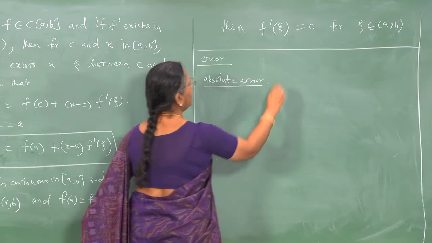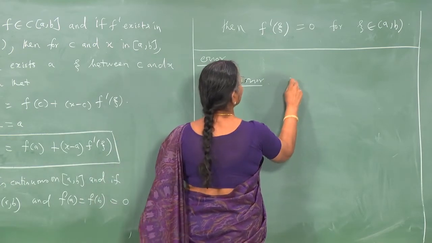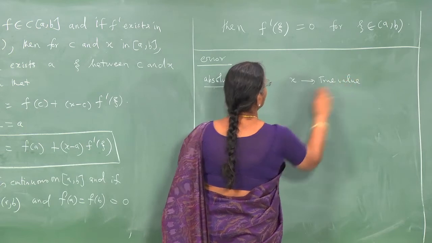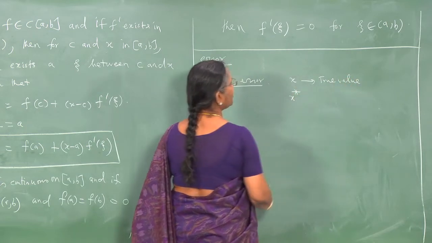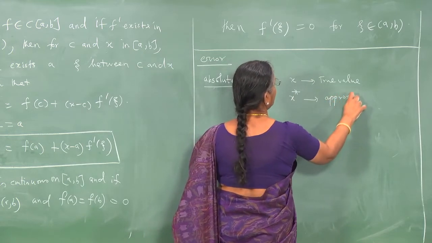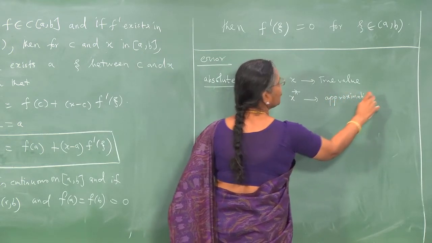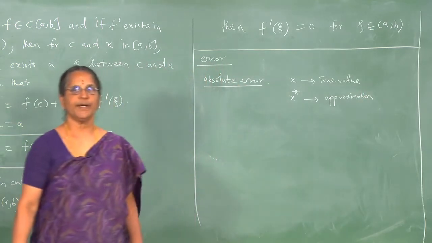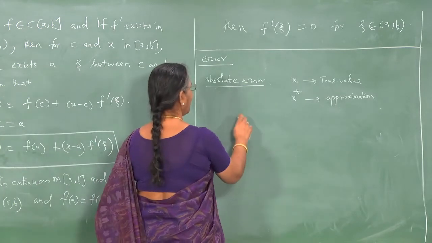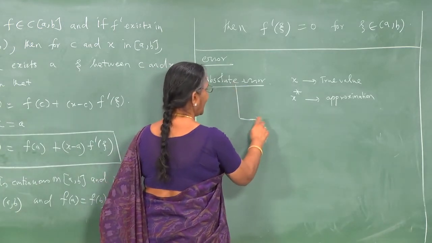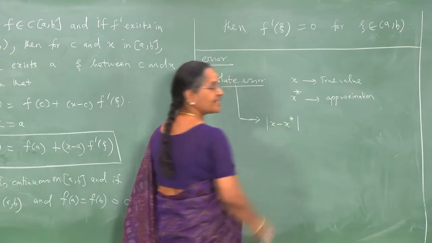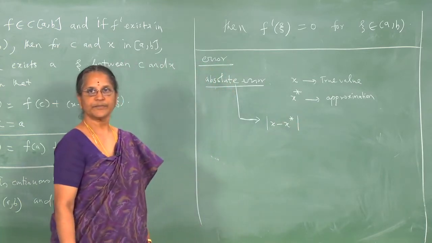Namely, if x is the true value and we approximate this by x star, say an approximation that comes out as a result of implementing some numerical algorithm, then at that step we have incurred an error whose absolute value is |x minus x star|.